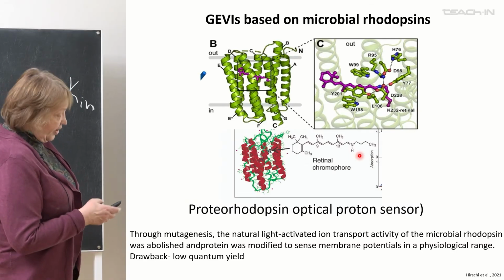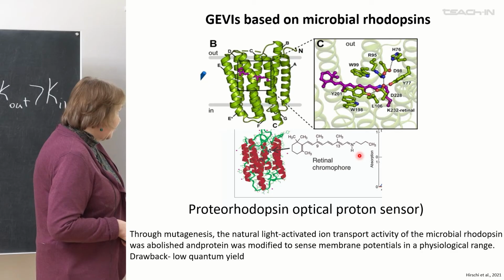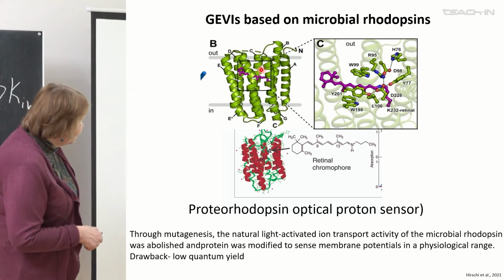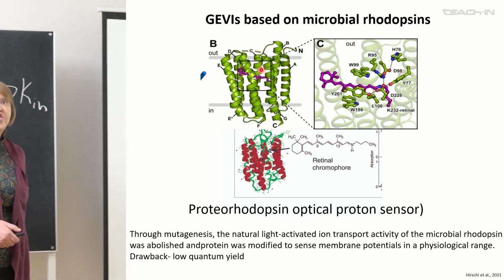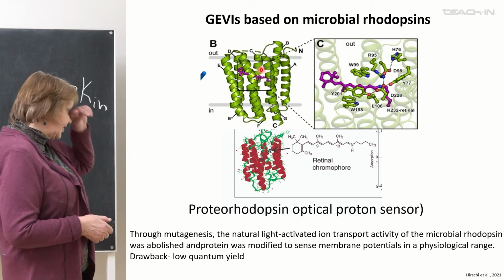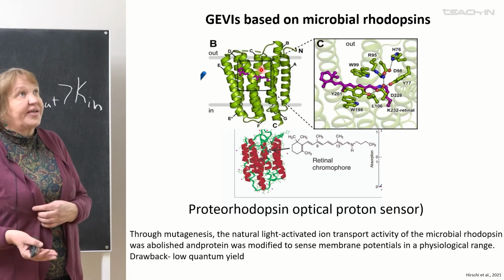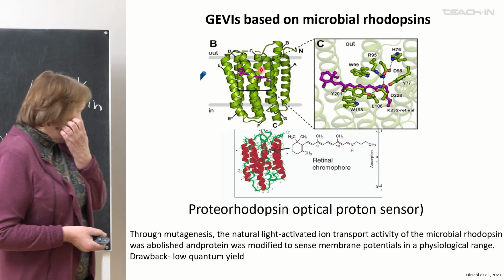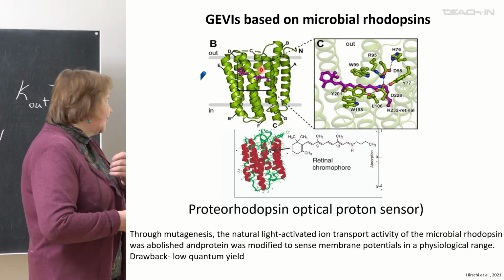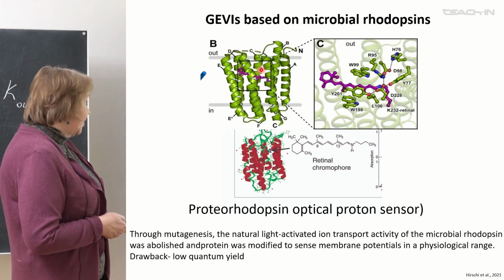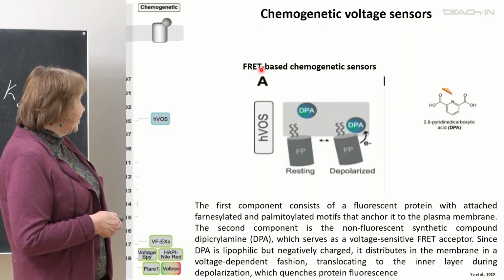So what has been done? This is proteorhodopsin, right? They mutagenized it, and through mutagenesis, they abolished light-activated activity, but the protein was modified to sense voltage in physiological range.